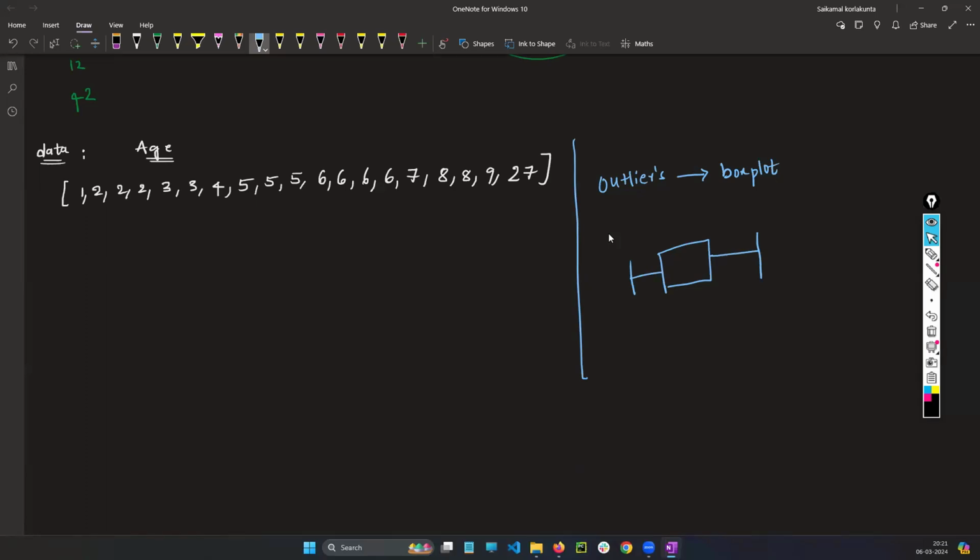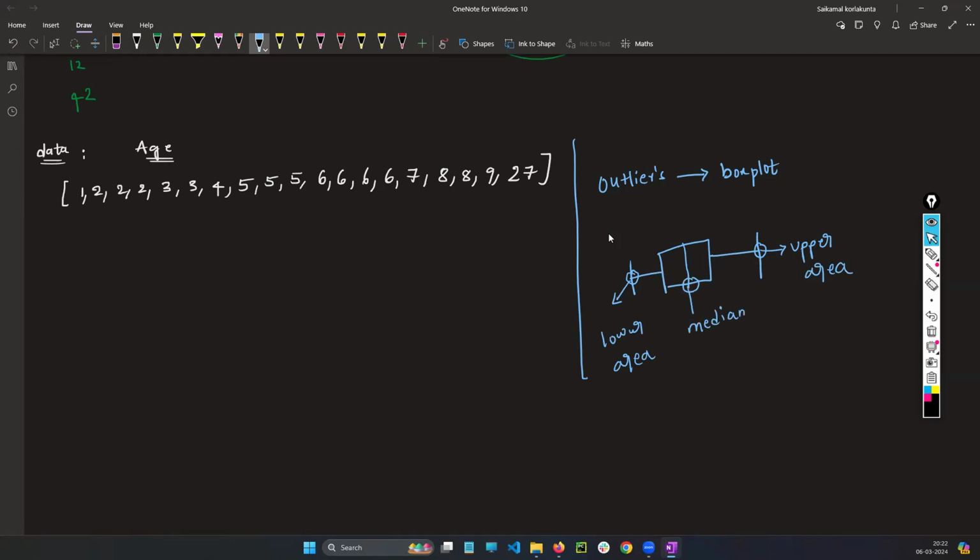What is the meaning of it? This is known as the lower area, and this is known as the upper area. In the middle there will also be one line, which is the median.